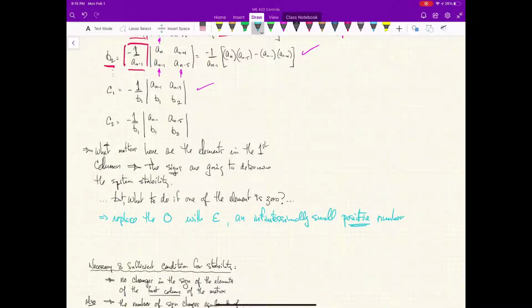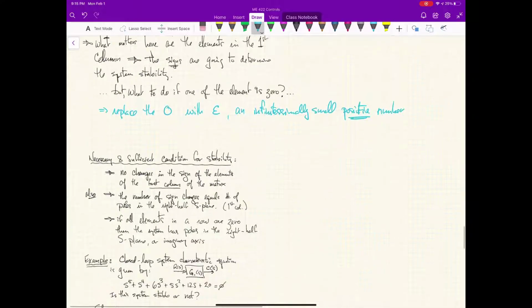In the row just below it, I'm going to have a minus 1 over epsilon, an arbitrarily small number that I'm going to multiply by some determinant. But minus 1 over epsilon is going to be an infinitely large negative number. So the sign of that determinant is going to determine everything else that happens at that point, right?